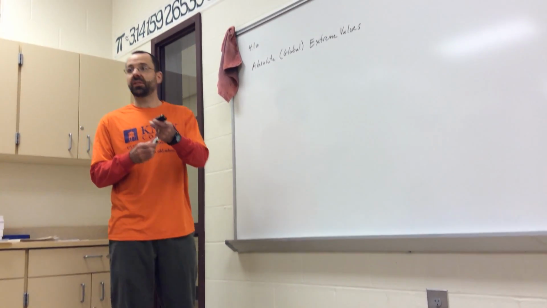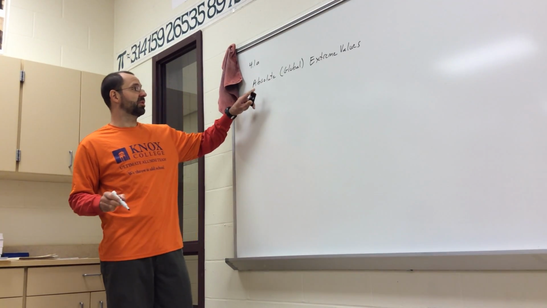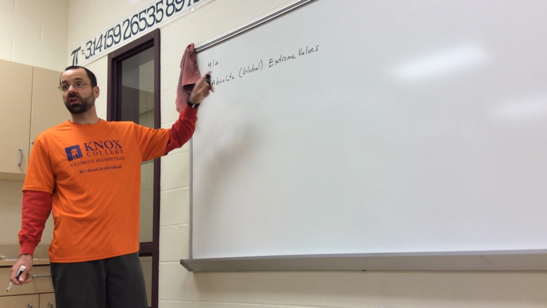And we're talking about extreme values. And the first kind of extreme value is called an absolute extreme. Sometimes it's called a global extreme.